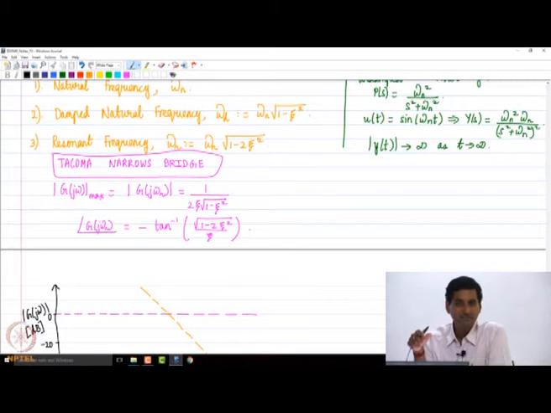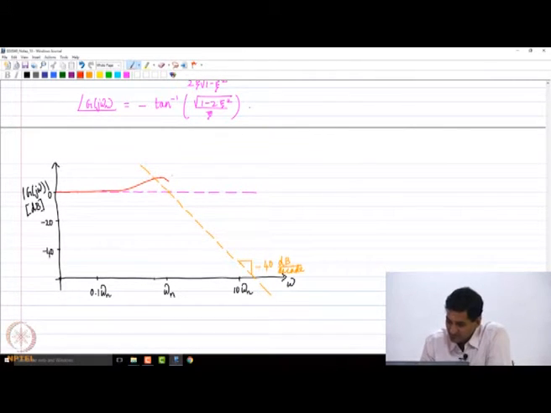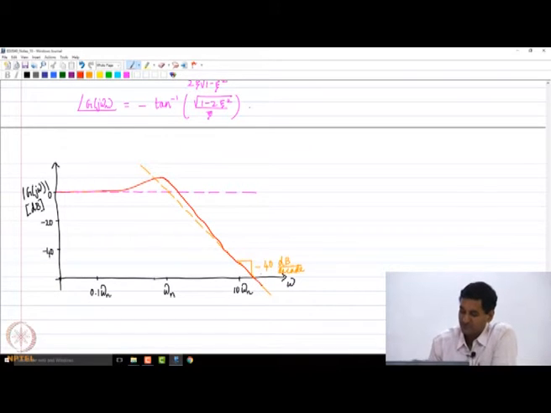So as zeta increases from 0, the further the increase in zeta, the further is the shift of the resonant frequency to the left from the natural frequency. I am just going to draw a family of curves, which will essentially tell us how the curve looks. So this is the actual curve. Let us say for low damping ratios, I have this. Ultimately it will go and coincide.